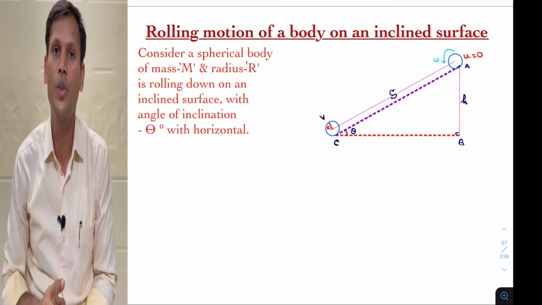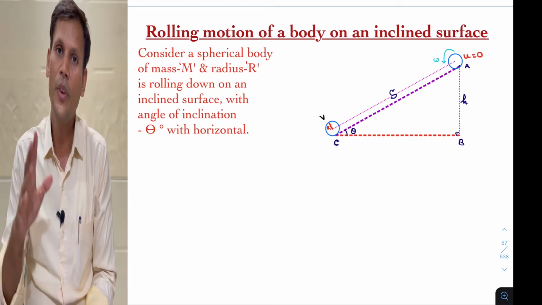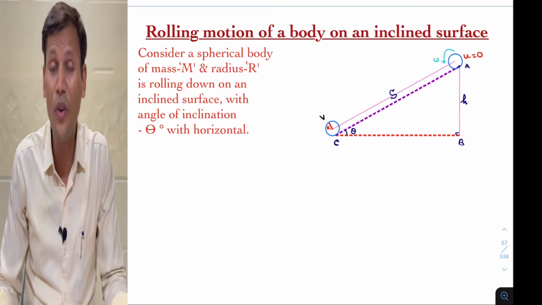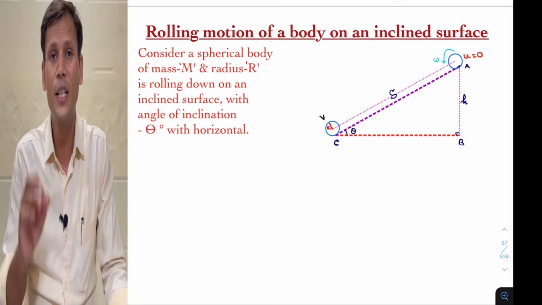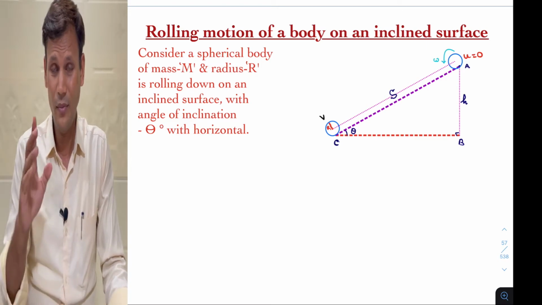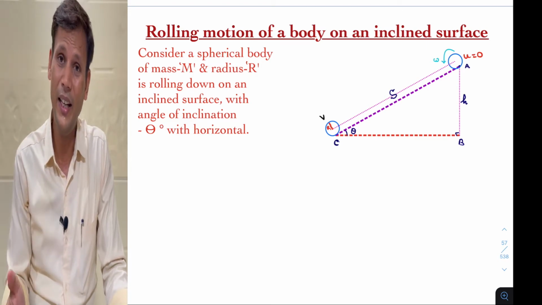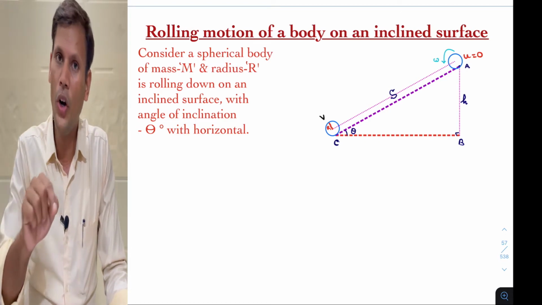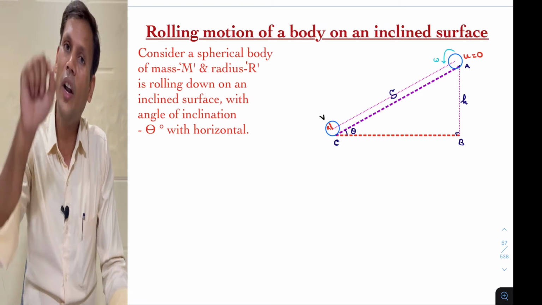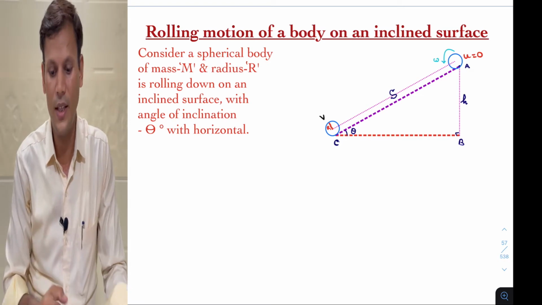Two things we have to find out. So we have to derive the expression for velocity and acceleration of the body which is rolling on an inclined surface.